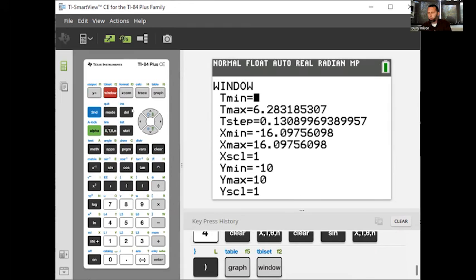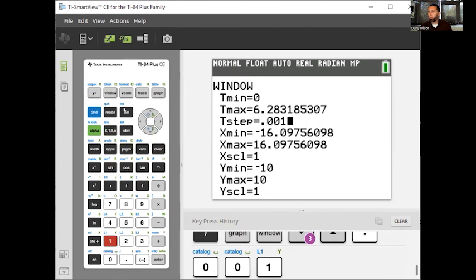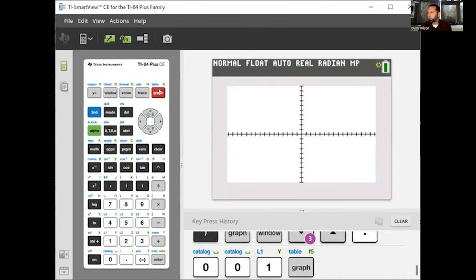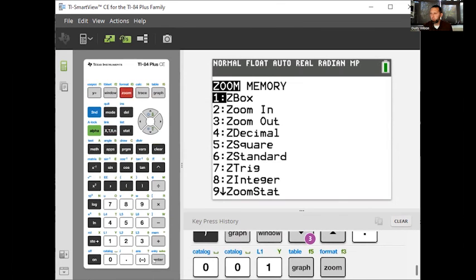We need to slow down that t step. I want to see what's going on, so I'll change my t step to 0.001, slow it down. And we notice everything is really small. We could zoom in, but maybe rather than zooming in, perhaps we could simply expand out our circle. Or zoom in, I guess. Zoom in.